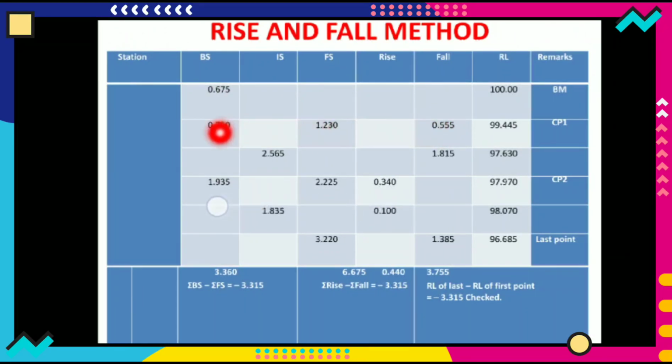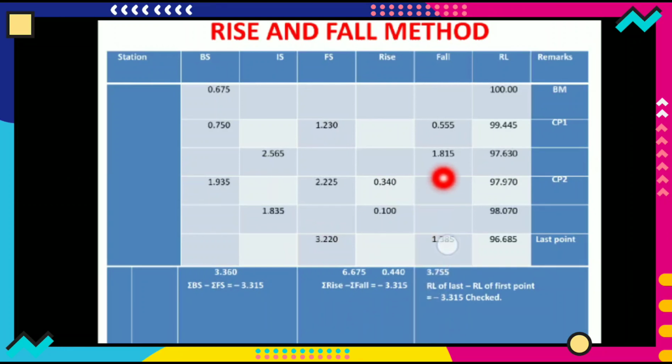After this reading we take this reading, so this minus this is minus 1.815, so that will be written in the fall column. This minus this is 0.34, so plus 0.34, that is written in the rise column. After this reading we take this reading, so this minus this is plus 0.1, so that will be written in the rise column. This minus this is minus 1.385, so that will be written in the fall column.